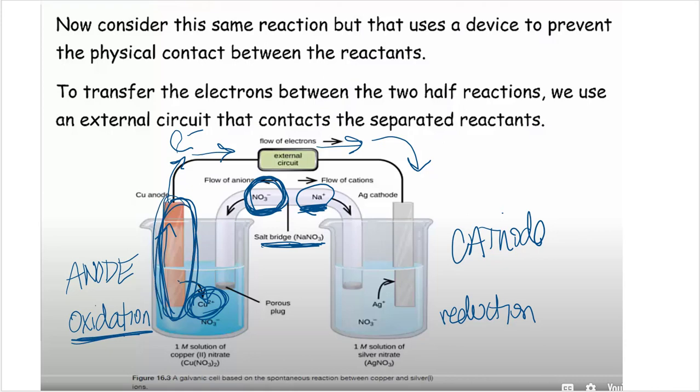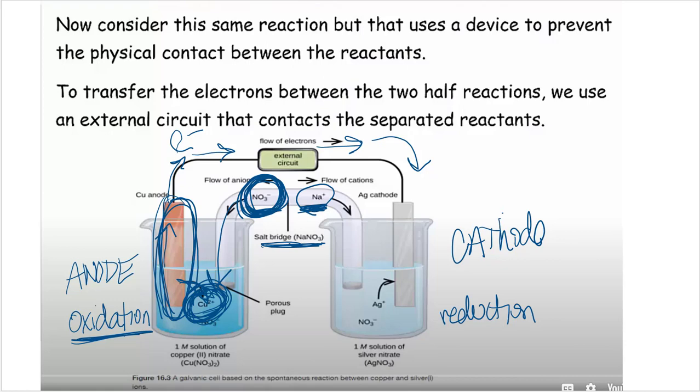That solid copper is turning into copper +2 ions. And there's more and more of it. So this NO3 minus from the salt bridge is coming in to neutralize that. So the nitrate is going right into solution to balance the positive charge that's being generated, which is then keeping it electrically neutral.